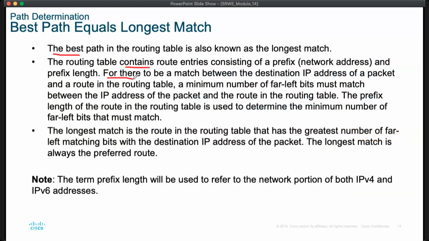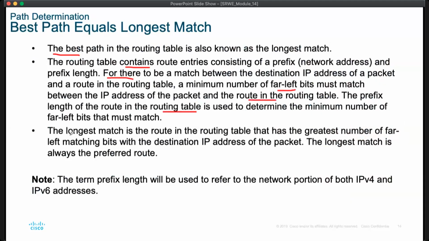For there to be a match between the destination IP address of a packet and a route in the routing table, a minimum number of far left bits must match between the IP address of the packet and the route in the routing table. The prefix length of the route in the routing table is used to determine the minimum number of far left bits that must match.